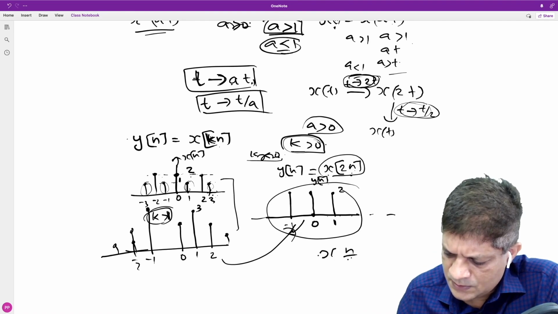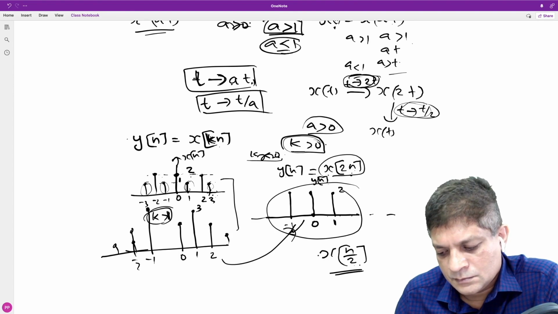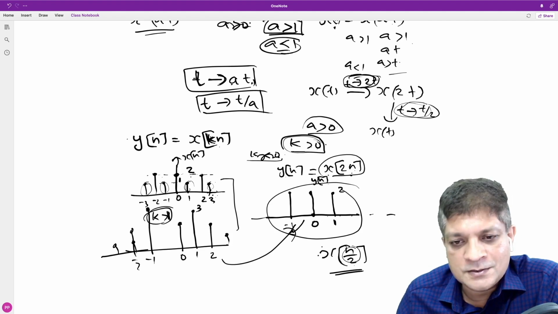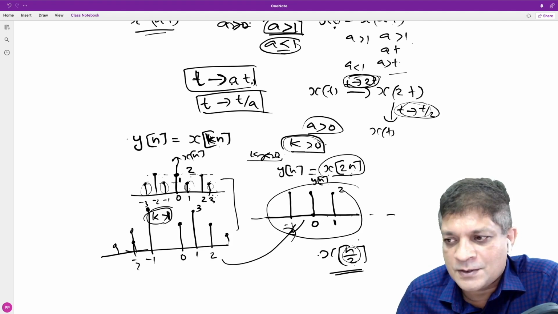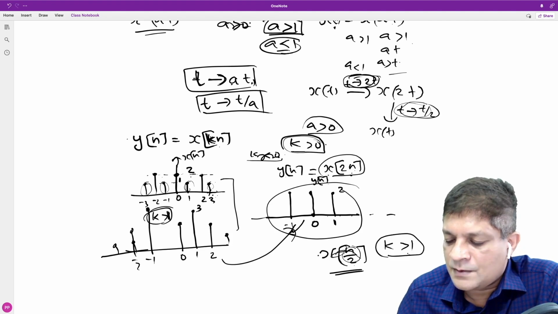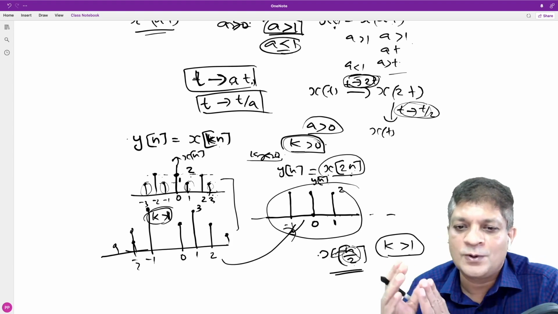Will this make any sense? No, sir. It won't make any sense because this must be an integer. The domain of that function is the set of integers. So we consider k greater than 1. There is no operation.